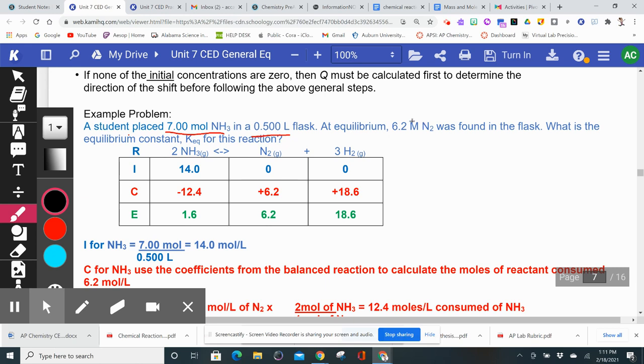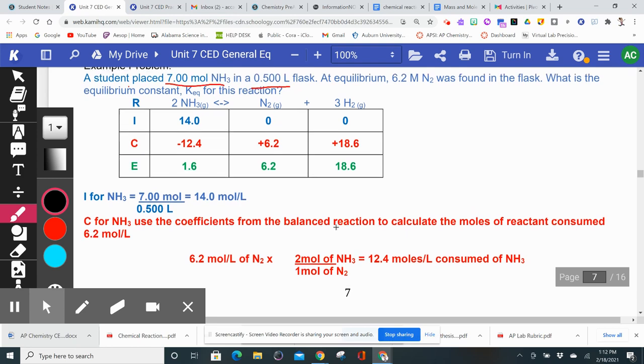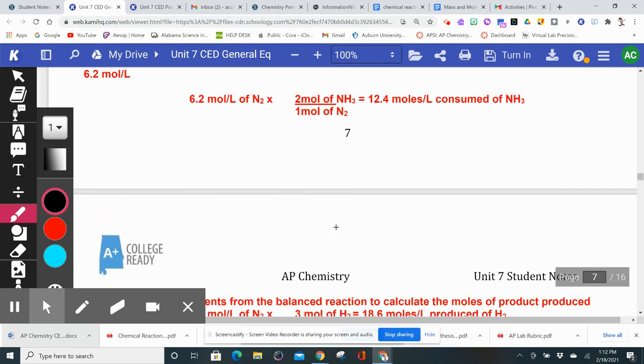Then they tell you something about the equilibrium conditions. And then this one asks you for the equilibrium constant. Sometimes they'll ask you for the product's concentration or something like that. So those are where it becomes easier to use a rice table because you have it laid out in front of you and it's not all jumbled up in your head. So in that situation, I would use a rice table.